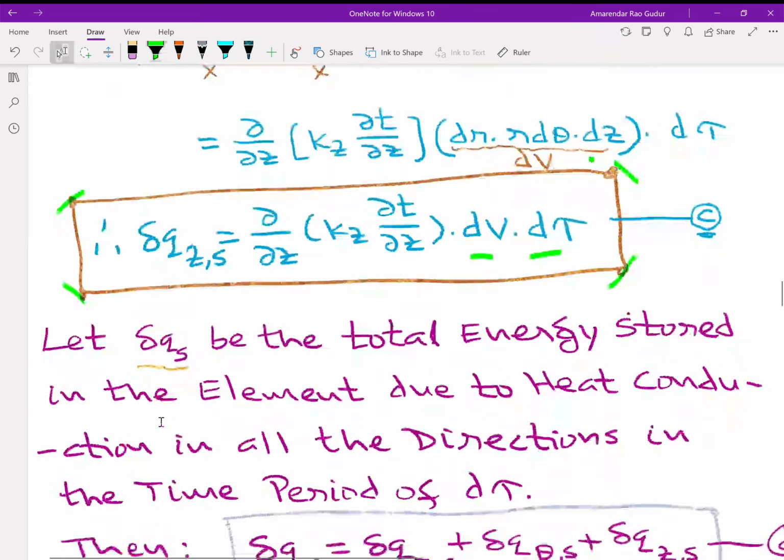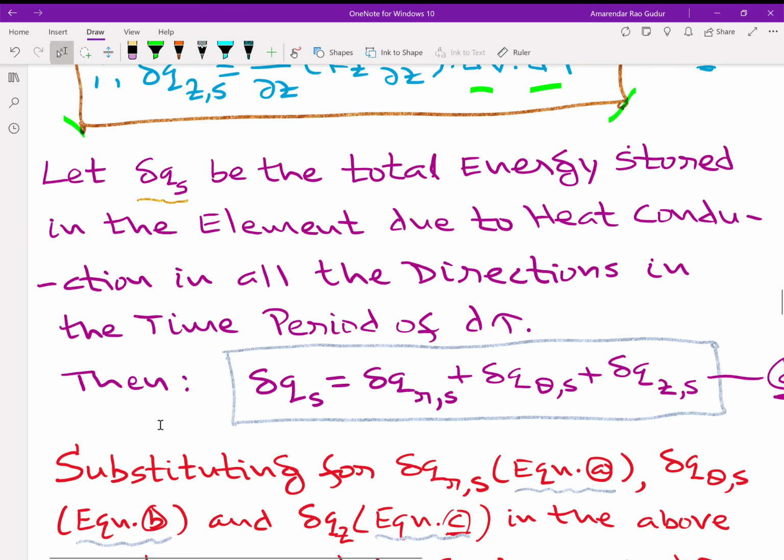Now we assume that del Qs is the total energy that is stored in the element due to heat conduction in all the three directions in the same period of d tau, which is obviously the sum of radial, angular and axial storage terms.